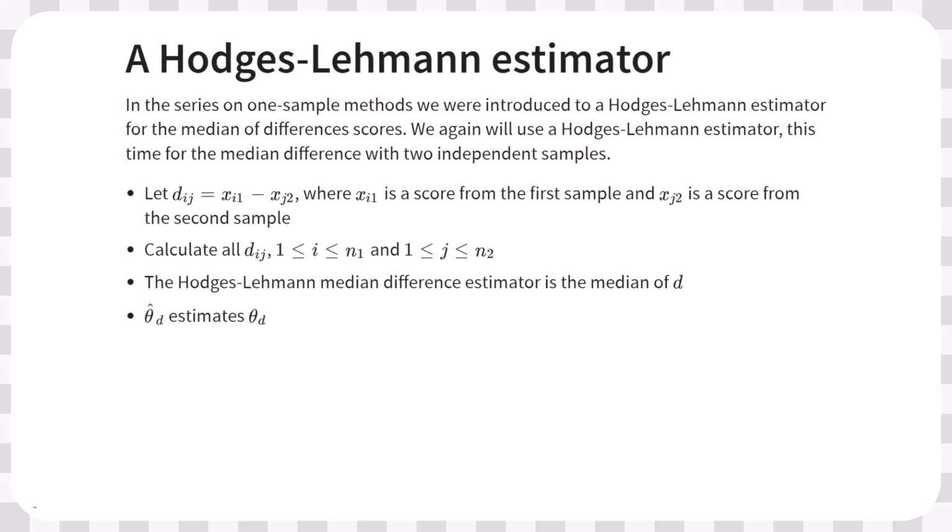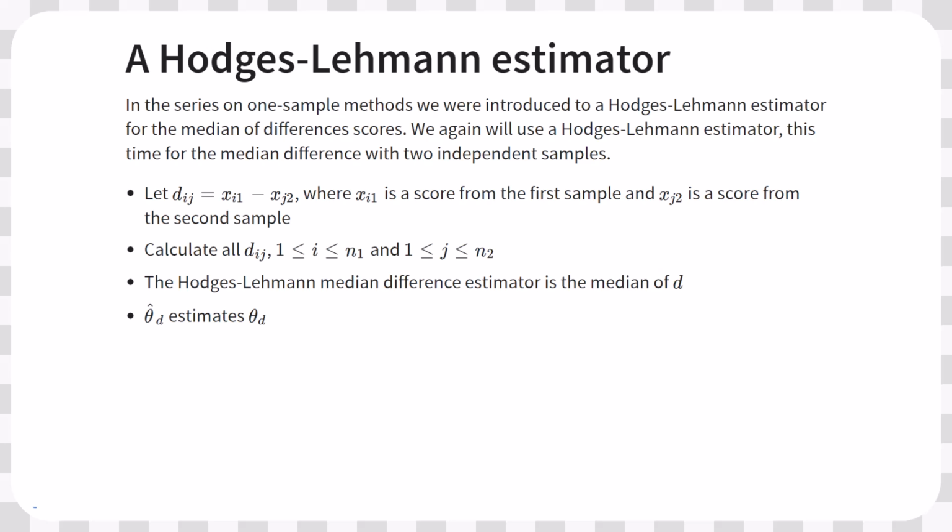That is, we are going to vary i from 1 to the size of the first sample, and we are going to vary j from 1 to the size of the second sample. In so doing, we will capture all possible differences between a score in the first sample and a score in the second sample. The Hodges-Lehmann median difference estimator is going to be the median of these differences.